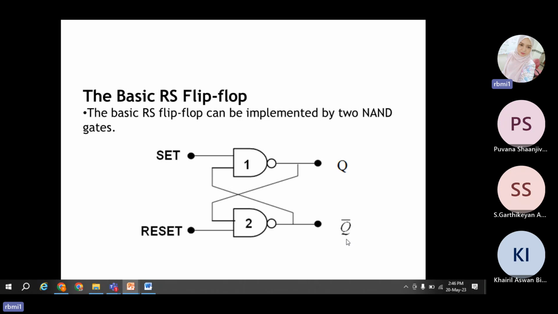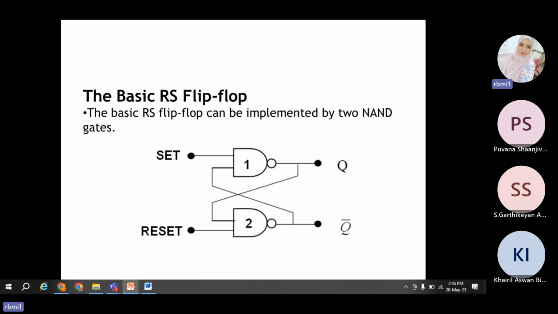Q is the normal one, Q bar is the inverted. When a flip-flop is toggled by a pulse, it can retain, or remember, the input. It stays even after the pulse ceases. So a flip-flop has a memory characteristic.